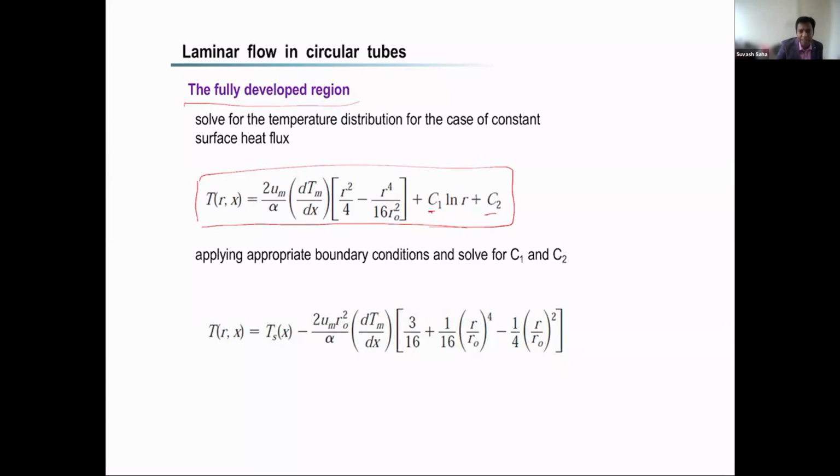If R is equal to 0, what is the boundary condition? If R is equal to R naught, on the surface, what is the boundary condition? I need only 2 boundary conditions to get C1 and C2. Applying that, we get this solution of temperature with respect to R and X, the radius and the distance. So in these 2 parameters, we have this.